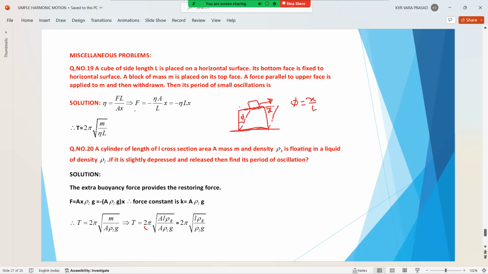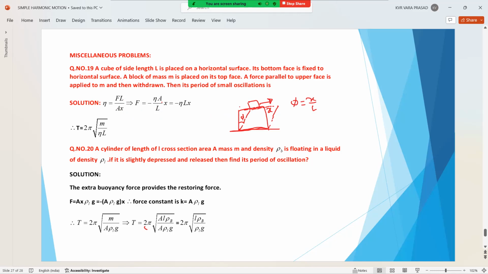So from this, F equals minus eta A by L into x. And why have we taken minus here? Because displacement is towards the right side, but the force is towards the left side. That's why we have taken the minus sign.